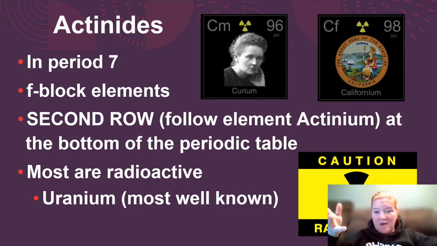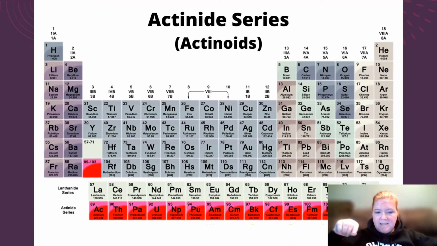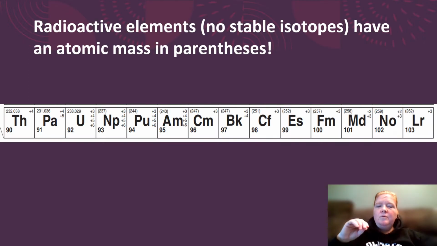Most of these are radioactive. Uranium is probably the most well-known, so you should know where uranium is on the periodic table. So there's the actinides. Again, pay attention to where uranium is. Now, radioactive elements, which means they have no stable isotopes, are going to have an atomic mass in parentheses.